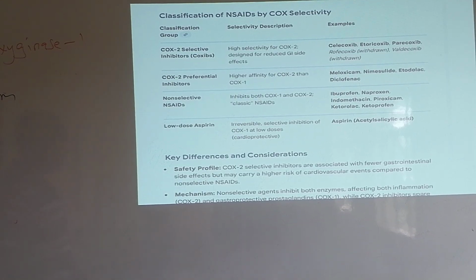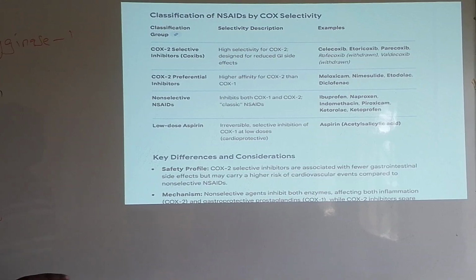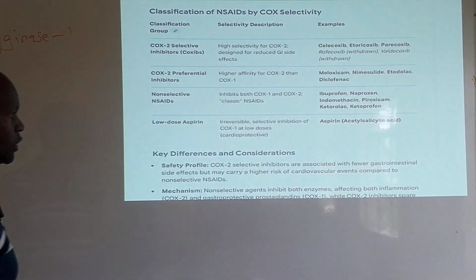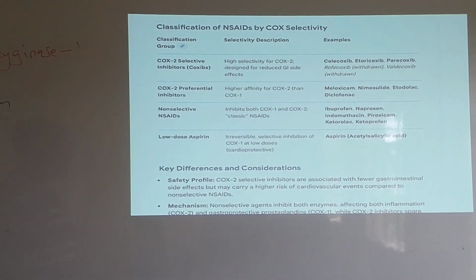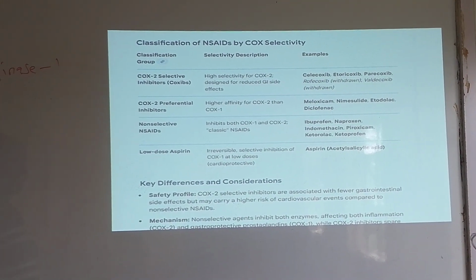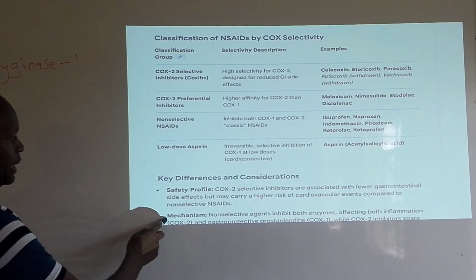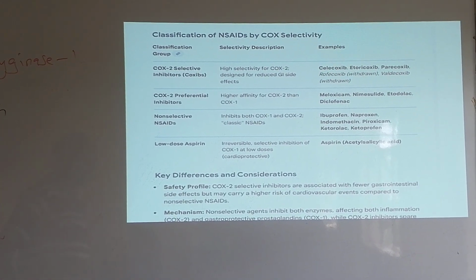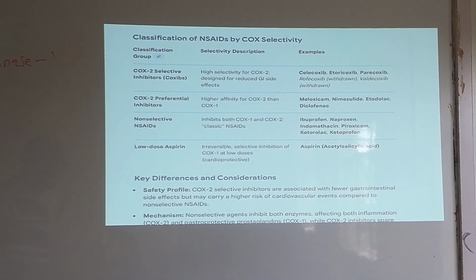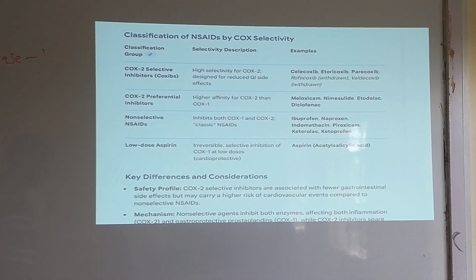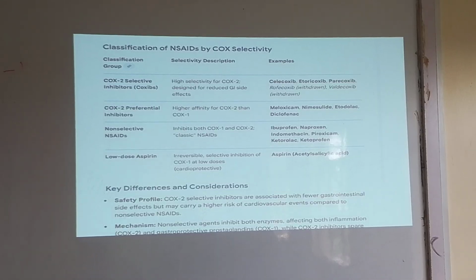In terms of safety profile, COX-2 selective inhibitors are associated with fewer gastrointestinal side effects, but they may carry a higher risk of cardiovascular events compared to non-selective NSAIDs. And then the mechanism is that non-selective agents inhibit both enzymes. That's affecting both inflammation, in this case COX-2, and gastroprotective prostaglandin, that is COX-1.